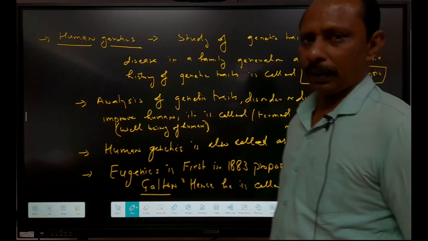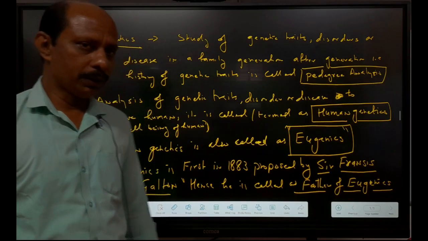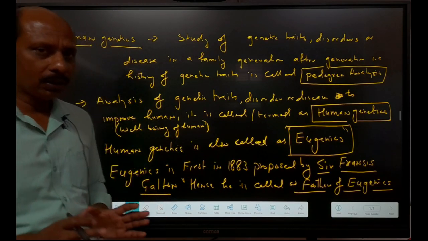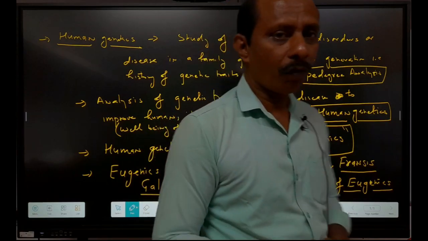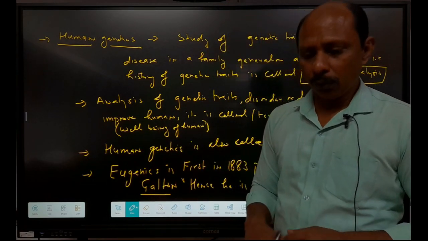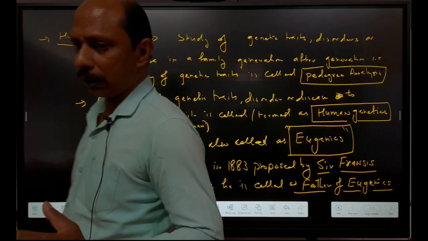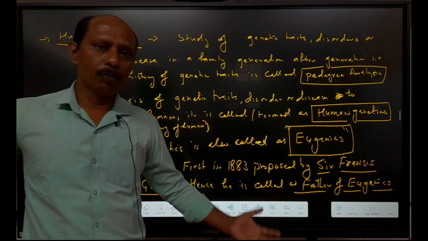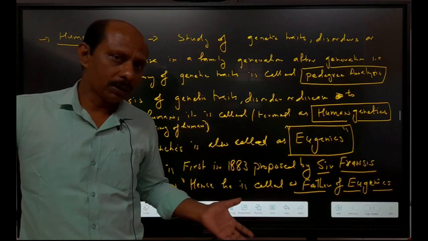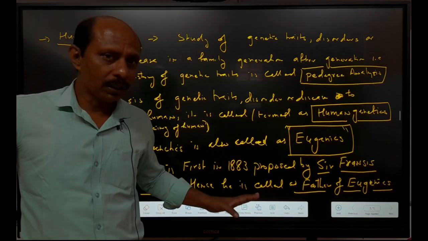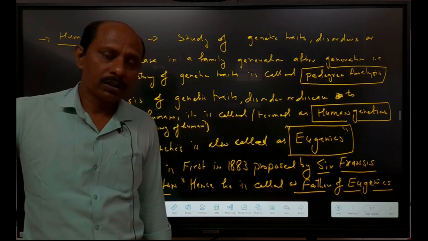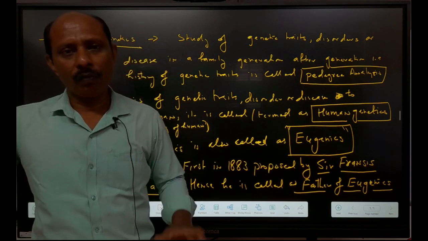First he proposed and gave the term eugenics, right? So what is eugenics? Eugenics means the analysis of genetic traits for improvement of human beings, or we can say for well-being of human. When we analyze the genetic traits only for well-being of human, then it is called as human genetics, right? Or another term for this one is eugenics. And first it is proposed by Sir Francis Galton. So Sir Francis Galton is called as father of eugenics.